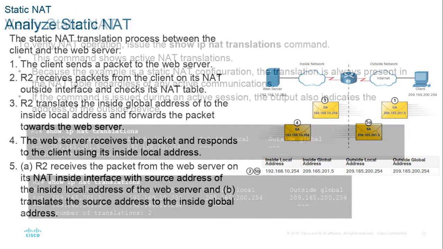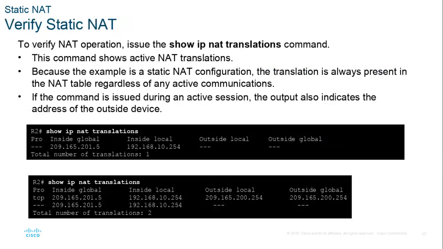We can verify this with some commands. Show ip nat translations will show us how many translations have taken place. So in the second trace, we can see that a translation has taken place between the outside address of 209.165 and the inside private address of 192.168.